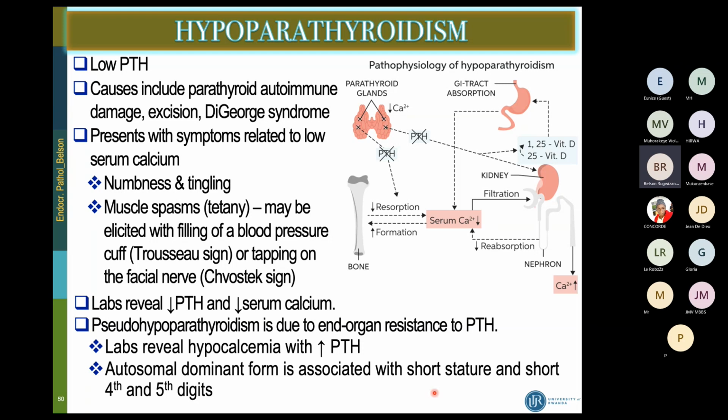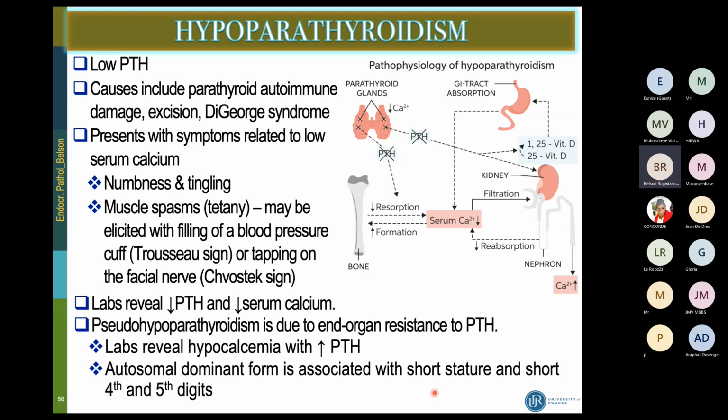Because in the serum there will be low calcium, therefore the parathyroid glands will be activated or stimulated to produce more PTH. That's why PTH will continue to be higher while the calcium will continue to be low, because the organs such as the bone will not respond to the action of the PTH.